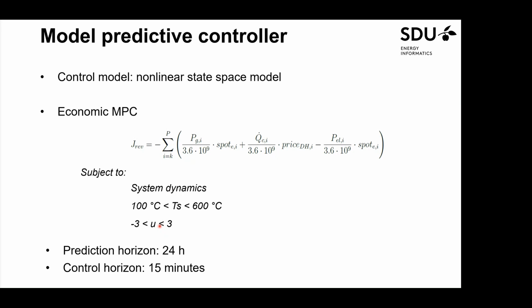The negative value means you discharge, and the positive value means it's during the charging process. And through some preliminary investigation, we tried a prediction horizon of 24 hours with a control horizon of 15 minutes.